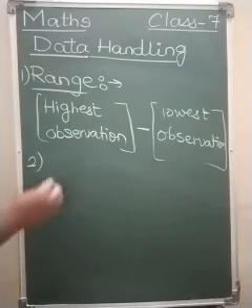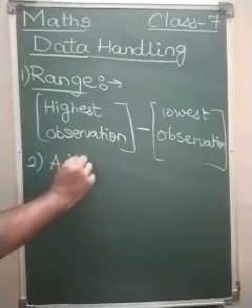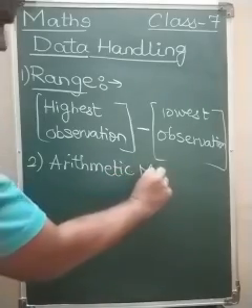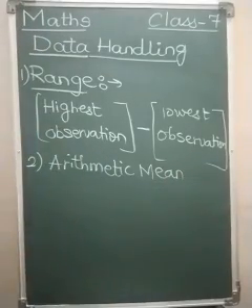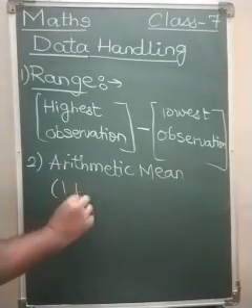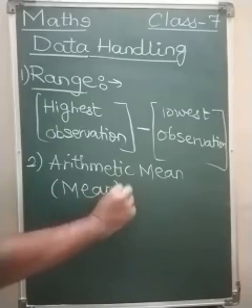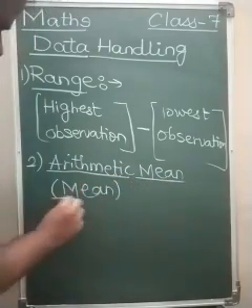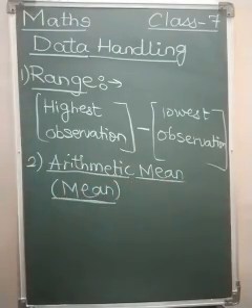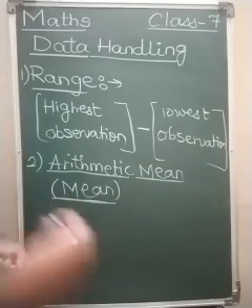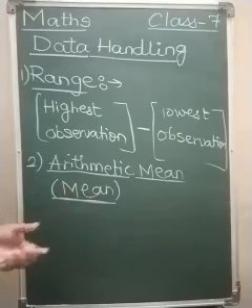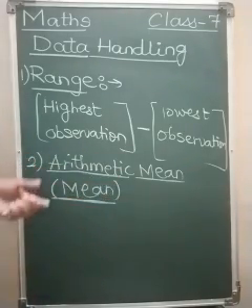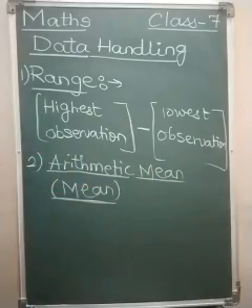It is called arithmetic mean, or simply it is also called mean. In other words we call this value average also. To find out the average we have to calculate the arithmetic mean.